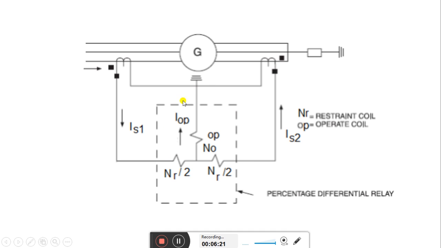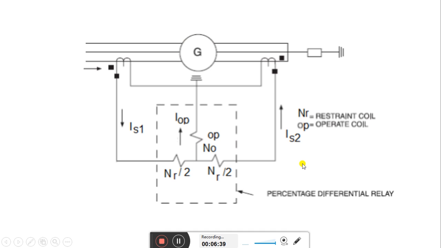This relay should operate only if the fault is within the protected zone. If the fault is outside the zone, then this relay should not operate. This is the specialty of this percentage differential relay protection system.